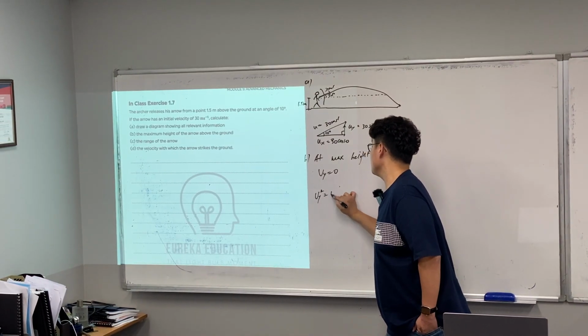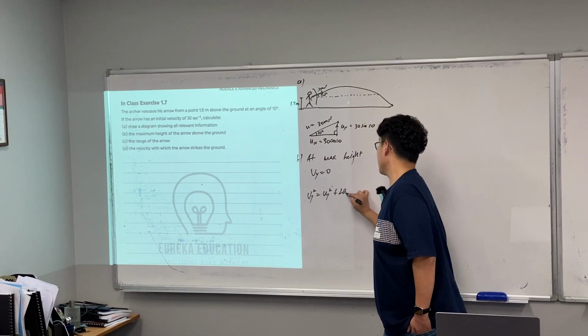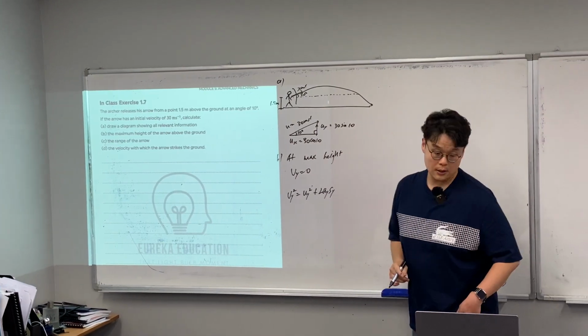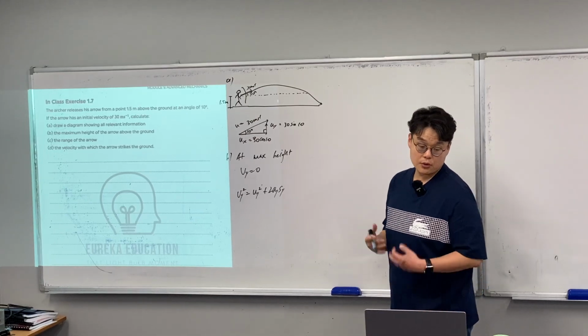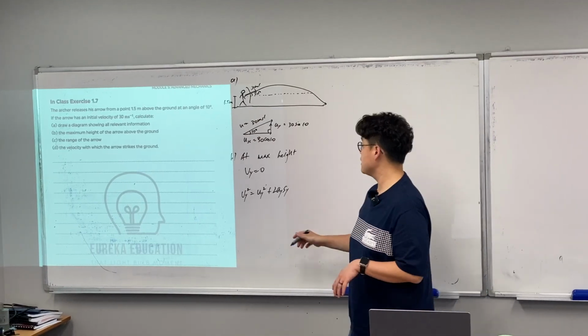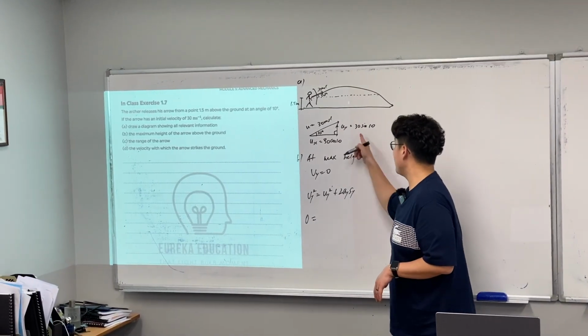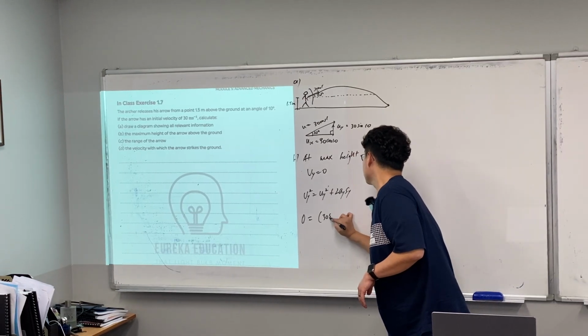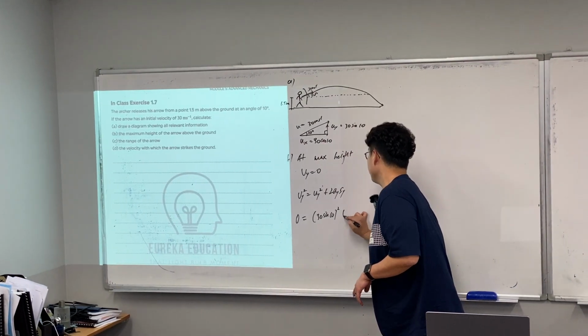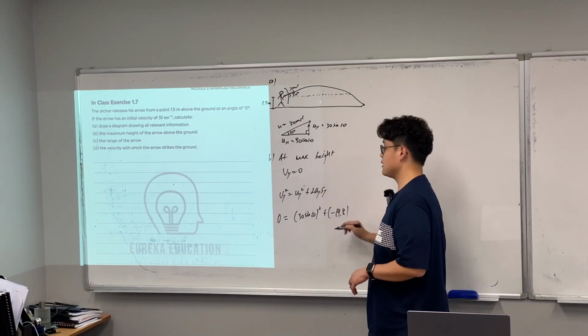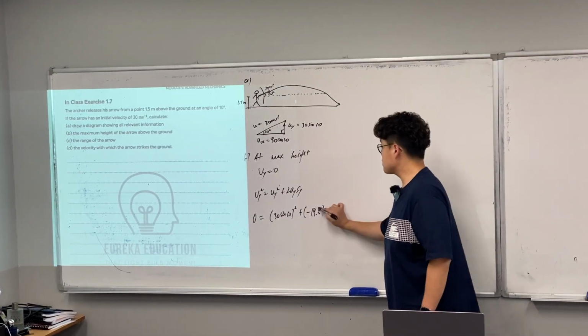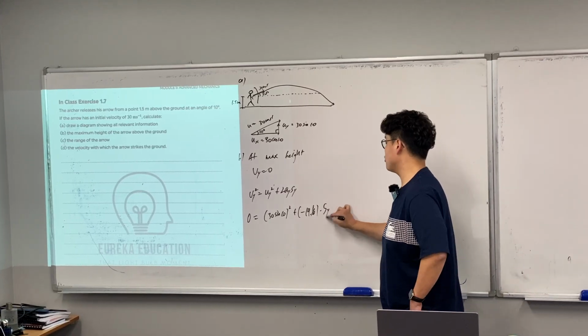So we use Vy squared equals Uy squared plus 2 Ay Sy. This is the formula we can use. Substituting: Vy is 0, Uy is 30 sin 10, squared, plus 2 times Ay, which would be minus 9.8, so 2 times minus 9.8, that's minus 19.6, times Sy.